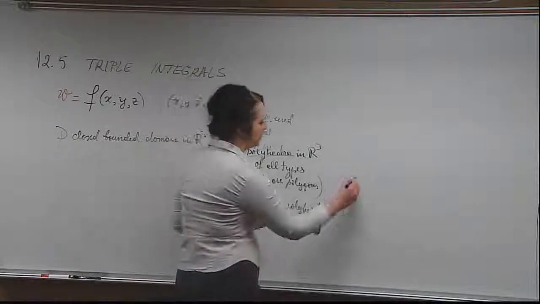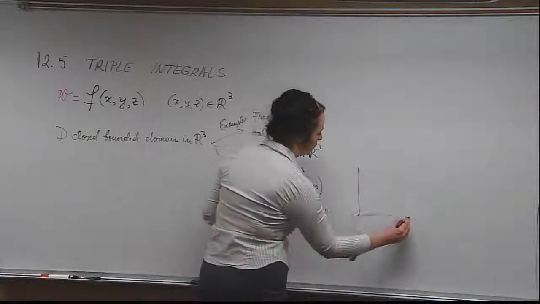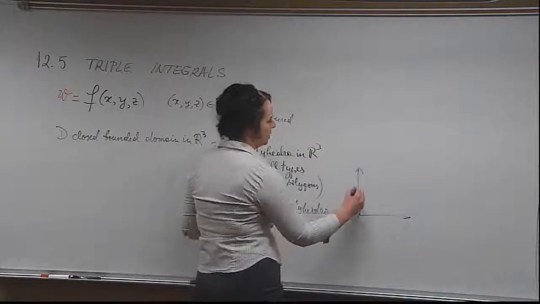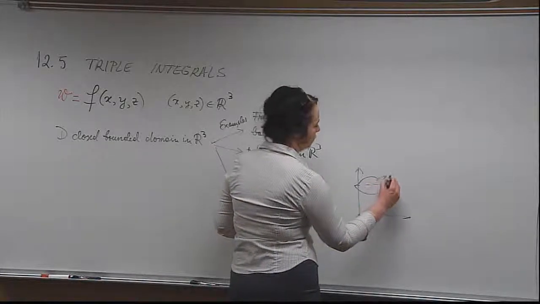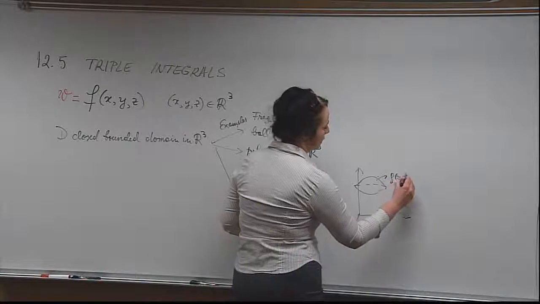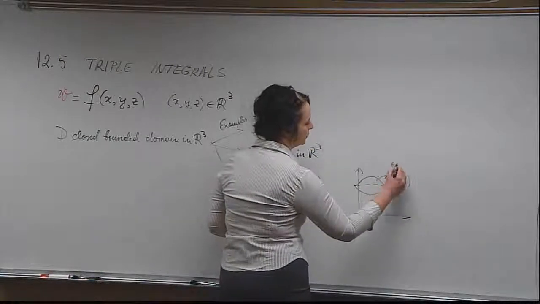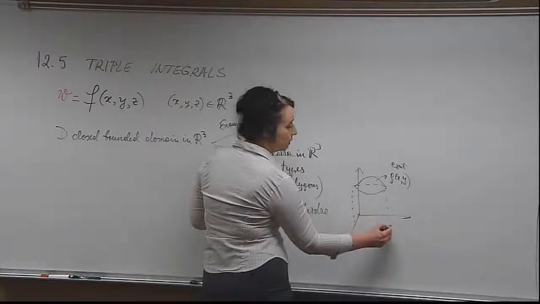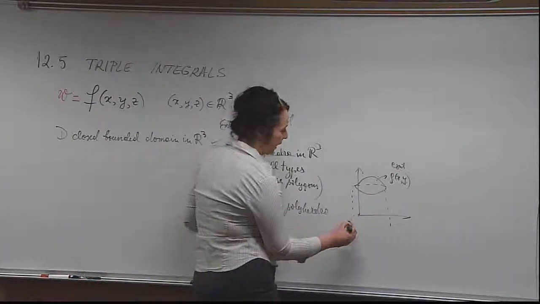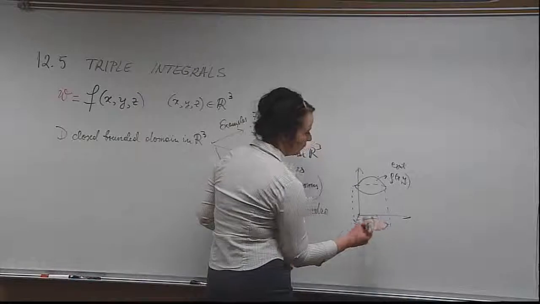What do I mean? I mean, we've seen that already. For example, somebody gives you a graph of a function, g of x and y, a continuous function, and says, okay, can you estimate the volume under the graph? Right?